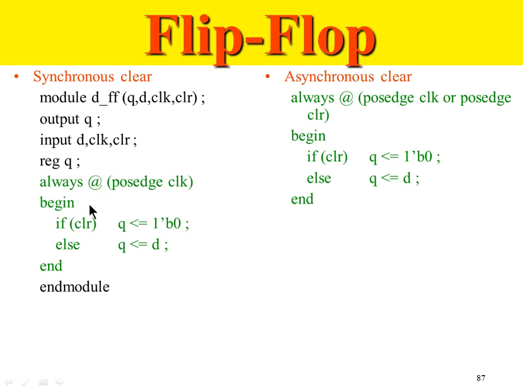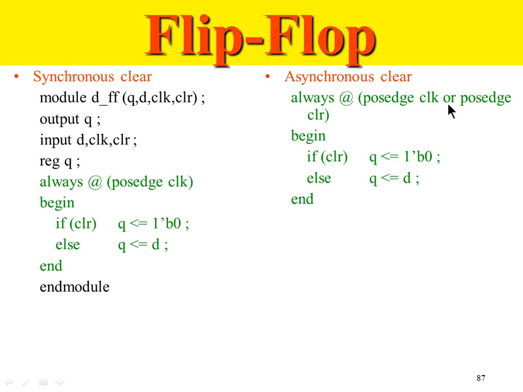If it has to be asynchronous clear, this always block will be replaced by this always block: always @(posedge clock or posedge clear). Positive edge of clock or positive edge of clear, anything can trigger the always block. Begin. If clear, Q gets 0, else Q gets D. In this case, clear is not always dependent on clock.